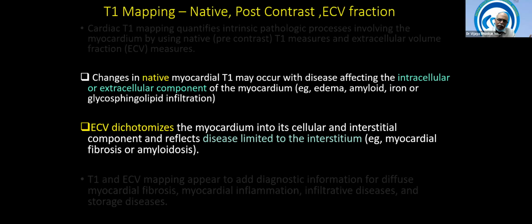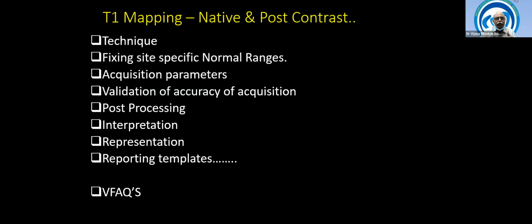What is outside the cells is extracellular volume or matrix. Study that matrix, then you are going to know the pathology, pathogenesis, pathophysiology of all the diffuse infiltrative diseases, inflammation or storage disorders, which can cause expansion of the extracellular matrix. Disease abnormality, prognostication, severity of the disease also can be made out by calculating the extracellular matrix. So how to do it? I'll come back in the next couple of slides.